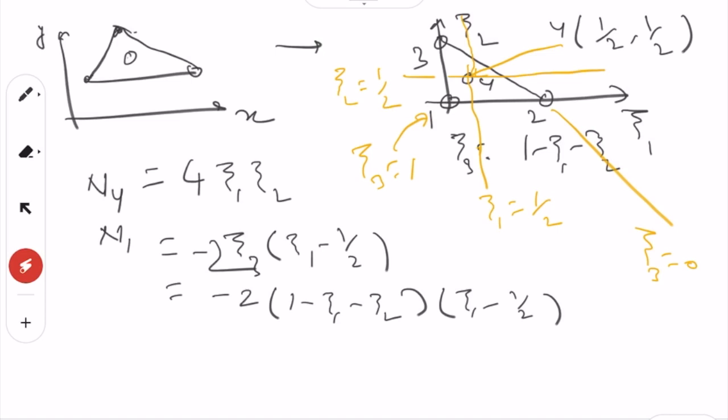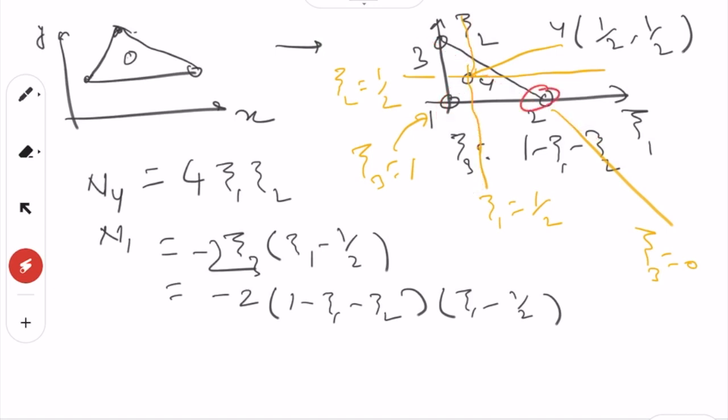So n1 you have got, n2 accordingly you can find out, this multiplied by this. You can also have this multiplied by this one, so that you don't have these square terms. So depending on what kind of shape function you are looking at, accordingly you can do.